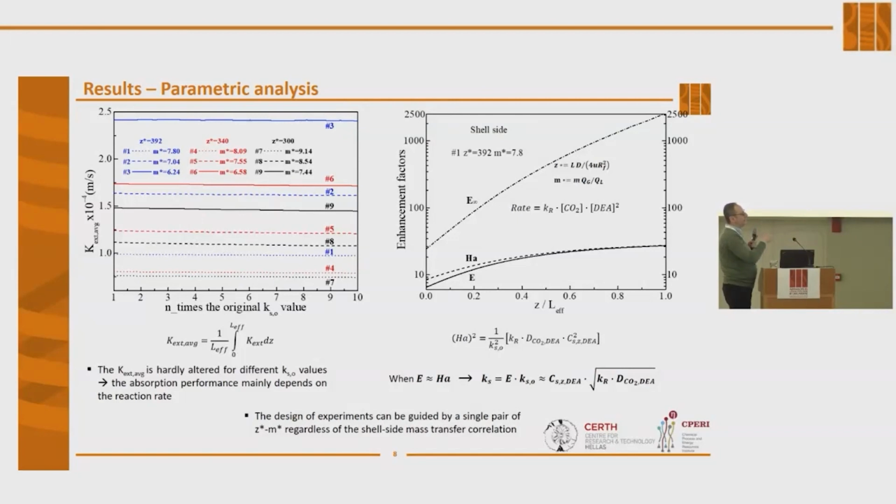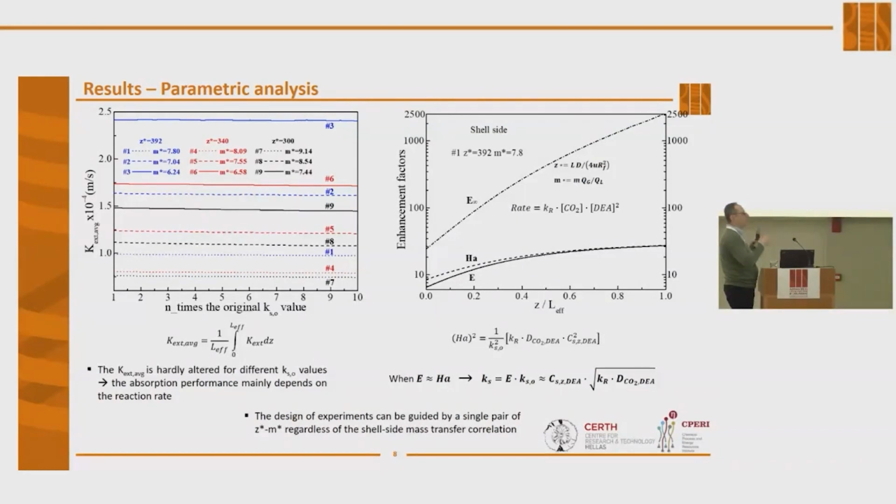And in this case, the corresponding expressions say that the apparent cell side mass transfer coefficient, Ks, is independent of the flow conditions, is independent of the velocity in the cell side.